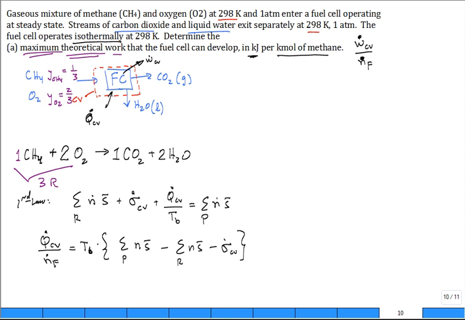Okay. If we also write the first law, the energy balance for that reacting system, I'm going to write it like this: Q dot CV divided by N dot F minus W dot CV divided by N dot F equal to the sum over all the products of the stoichiometric coefficient times molar enthalpy, minus the sum over all the reactants of the stoichiometric coefficient times molar enthalpy.